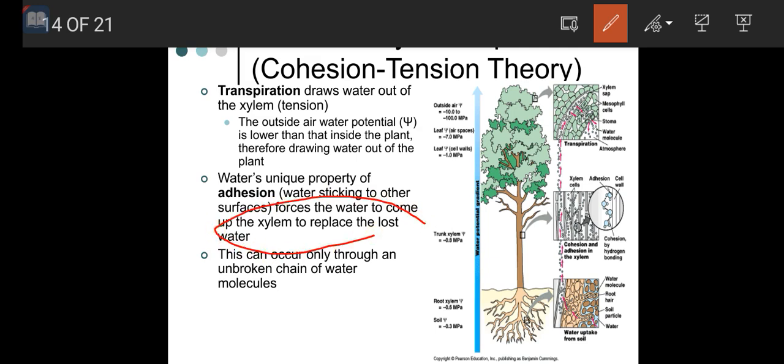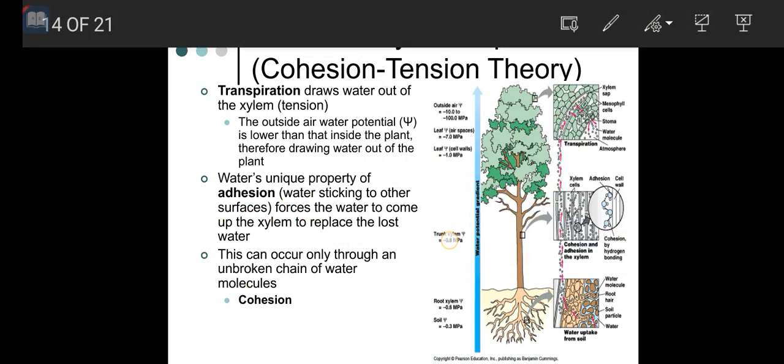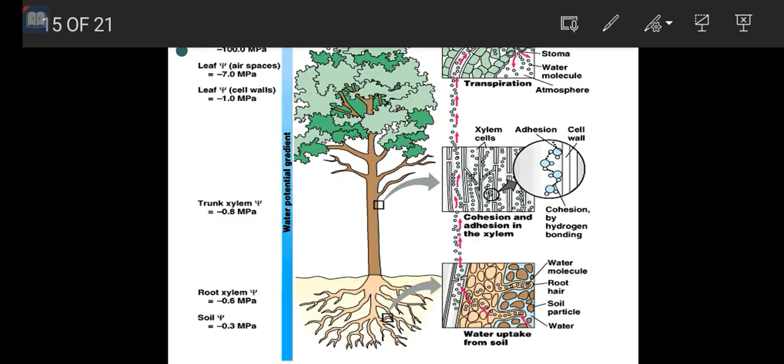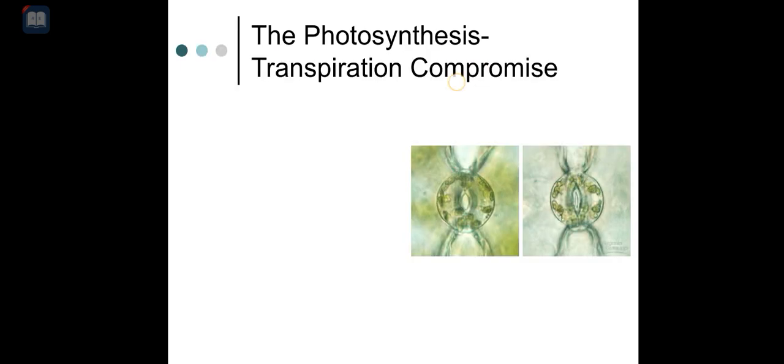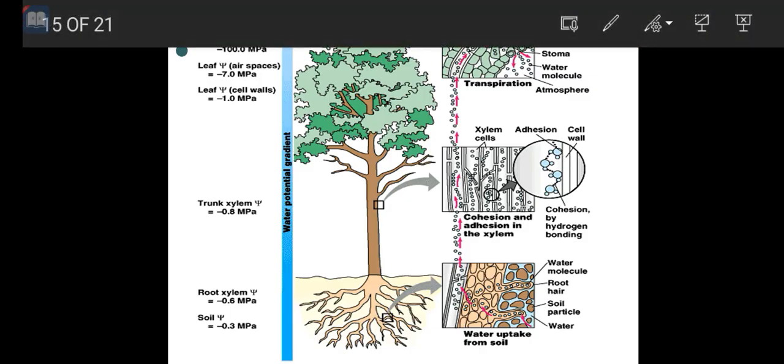This can occur only through an unbroken chain of water molecules. Why is this so? Due to an unbroken chain of water molecules that is continuous, we have seen the direction of transpiration. This is the unbroken chain of water molecules.